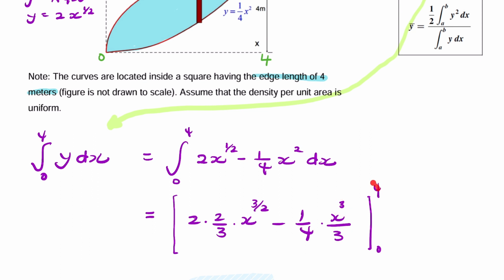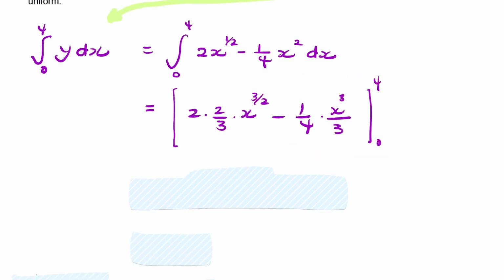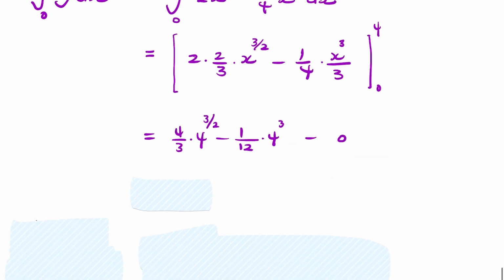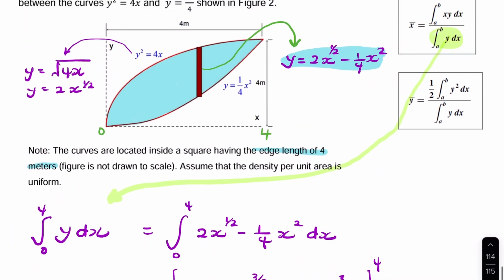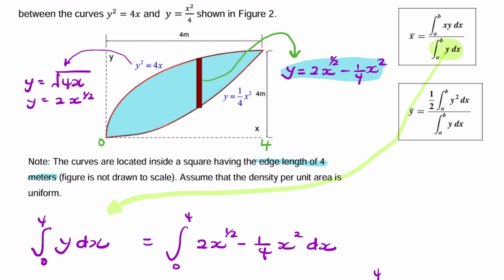So then you just substitute your 2 limits, 4 and 0. Put that in a calculator, and that'll give you 5.3. So we've now found this denominator here. Now we need to find these two numerators, xy and y squared.